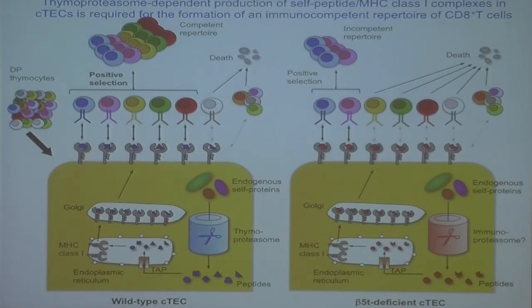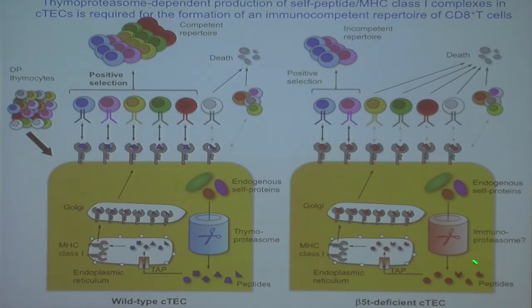And so therefore, here is the cartoon of our proposal. In the cortex, particularly in the cTEC, the thymoproteasome produces peptides which assist positive selection like this. On the other hand, in beta 5t deficient cTEC, the immunoproteasome is abundant.